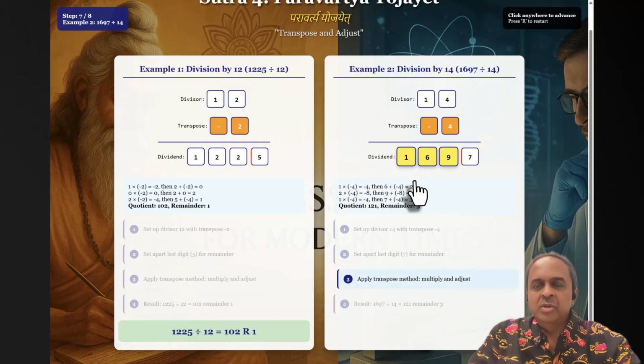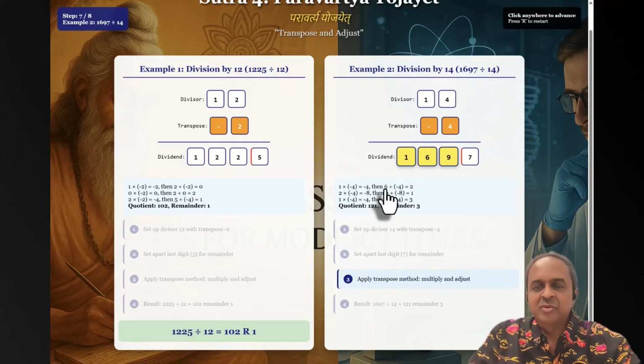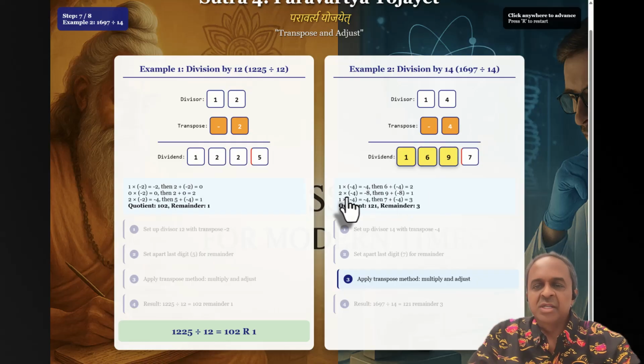So what do you do? You take the first digit here, 1 times -4. 1 times -4 is -4. Then you add it to the second number, 6 here. So 6 plus -4 is 2. You take the 2, apply the transpose. So 2 times -4 is -8. And then you take -8 and you add it to the next number, 9 here. And the remainder is 1. Continue on. You take that 1 here, apply the transpose.